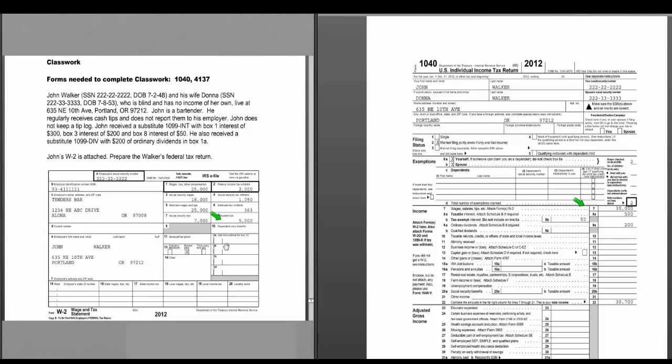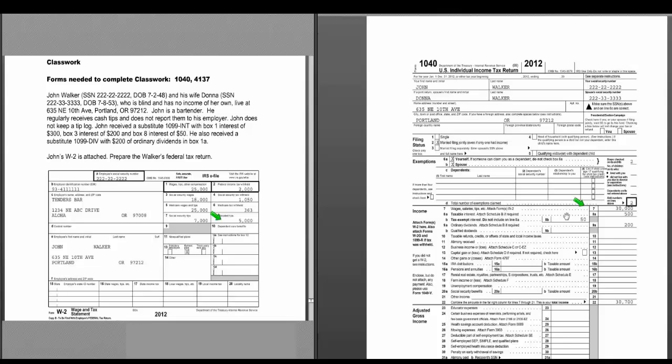Since John did not report his cash tips to his employer, they have an amount that they allocate for what they think a server would make. And since he did not keep a tip log and is unable to dispute that number, he is going to have to report the whole $5,000 on line 7 as income, and he's also going to have to fill out Form 4137 to pay his share of Medicare and Social Security tax on that amount.